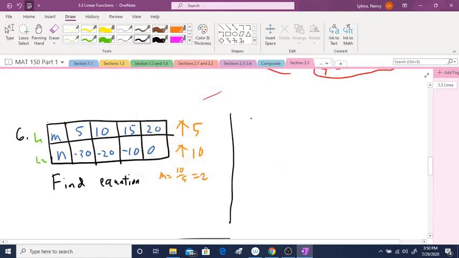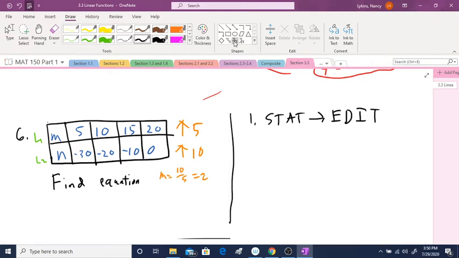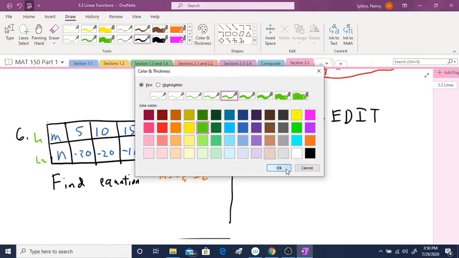So if you look at my first part, stat and edit, what you want to do is put in my L1 and L2s.